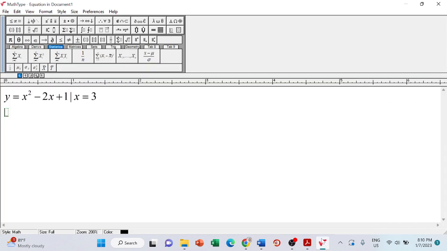Can you give me the derivative for this function? What is the dy dx? Derivative is dy dx, yeah? What is the derivative?